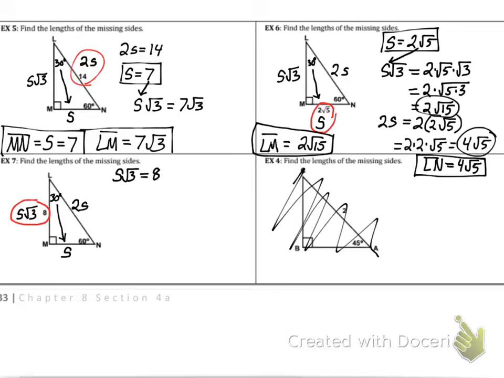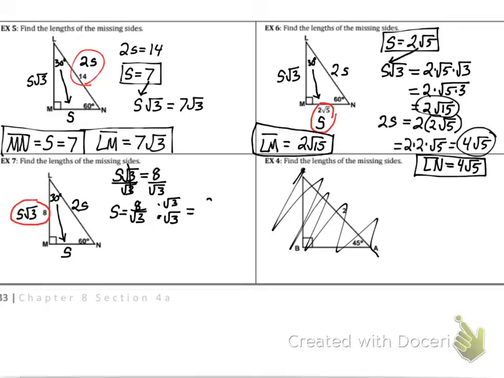I'm going to say, well, S square root of 3 has to equal 8. To solve for S, I need to divide by the square root of 3. So I'm going to have S equals 8 divided by the square root of 3. But I cannot have square root of 3 in the denominator, so I need to multiply the top and bottom by square root of 3.